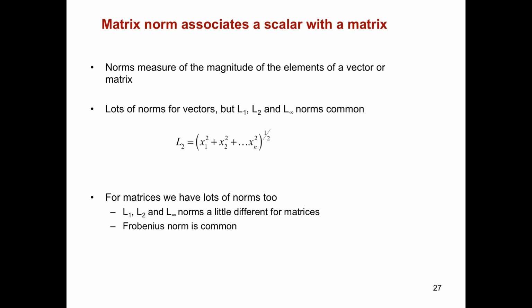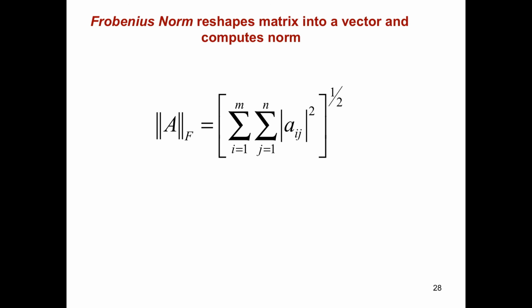But before that, let's actually evaluate how hard or how problematic it is to solve AX is equal to B. So we introduced norms for vectors, and now we will actually introduce norms for matrices as well. So first and simplest one to compute is the so-called Frobenius norm. Okay? And that one simply takes the sum of the squares of all possible elements of the matrix and then takes the square root.